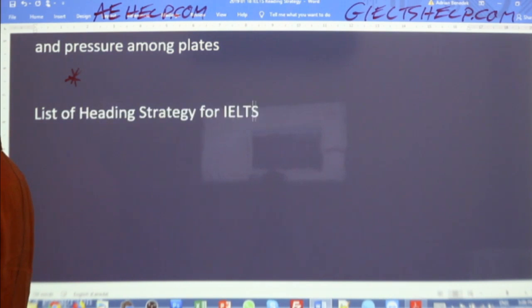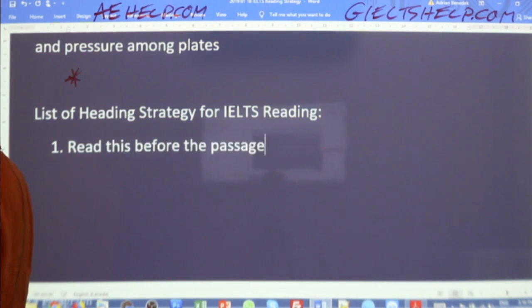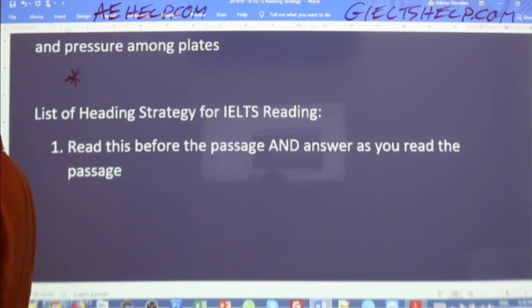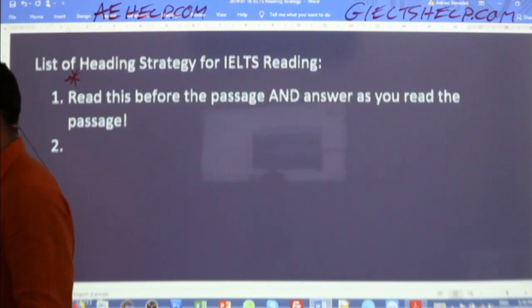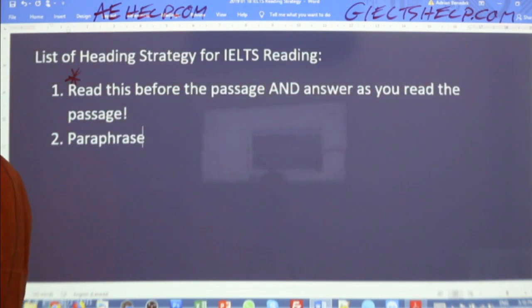So let's talk list of headings strategy for reading, okay? Okay, so number one is read this before the passage and answer as you read the passage. Okay. Number two is paraphrase the choices.